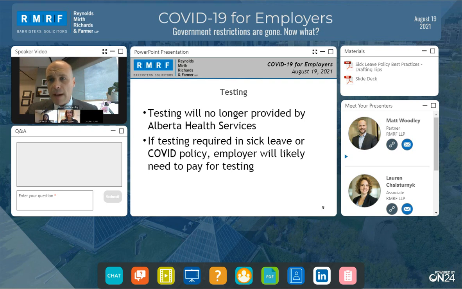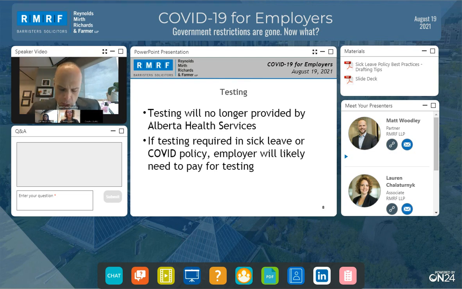So having that done in advance, contacting testing companies that may be close to you geographically, will avoid some of the delays which might come in the event that you decide we have to get this employee tested, and therefore we have to start from scratch to figure out how we're going to do it and where we're going to send them. So testing is an issue that is coming up, and it's worth thinking about as you are dealing with some of these issues.